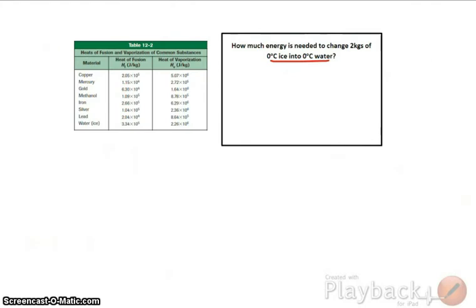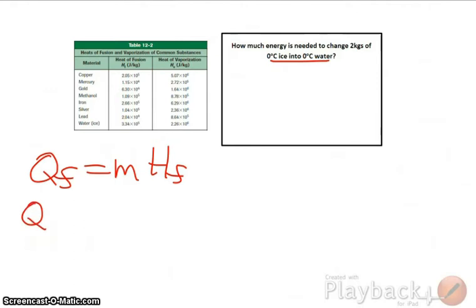Okay, so if we're doing a phase change from ice to water, well, that's solid to liquid, so that's heat of fusion, Q equals m times Hf. So we're looking for the amount of energy, so we're looking for Q equals mass, which is 2 kilograms, times Hf.